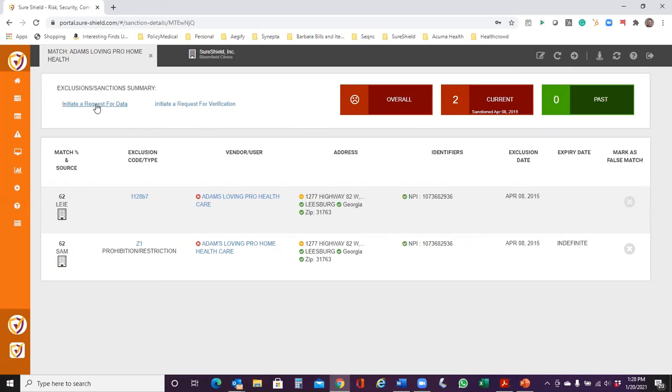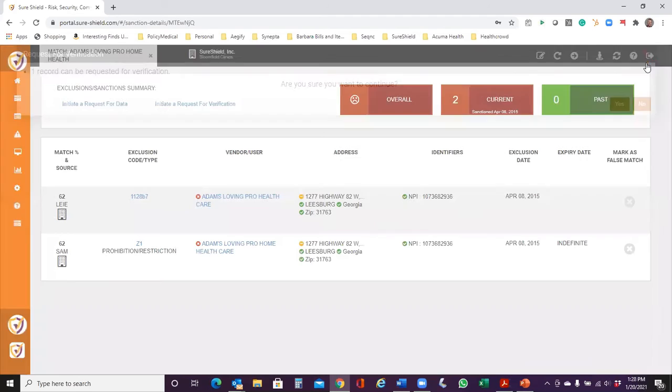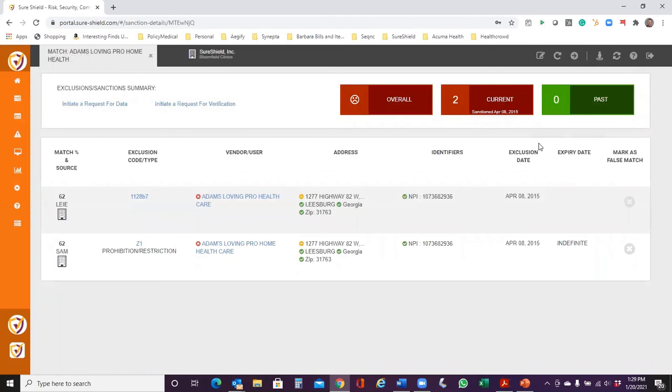So it allows you to initiate requests for data or a request for verification that you could then send out to that provider, saying, hey, this came up and I want you to validate and show me documentation that this is or is not true. So within here, it provides all of those different types of follow-up activities.